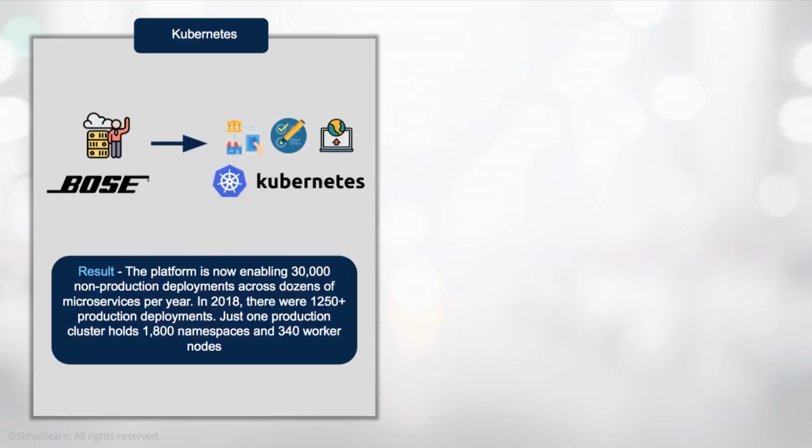And so the result is that we were able to increase the number of non-production deployments significantly by taking the number of services from being large, bulky services down to small microservices, being able to handle as many as 1,250 plus deployments every year. An incredible amount of time and value has been opened through the use of Kubernetes.